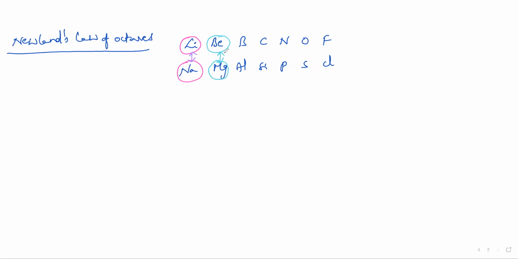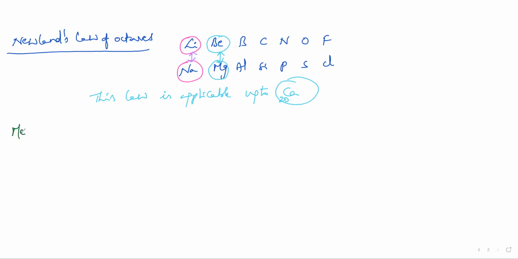This is what we call Newlands' law of octaves, right? But this law is applicable up to calcium. What is calcium's atomic number? 20. So after calcium, this law does not hold good for other elements. Understood? So this is Newlands' law of octaves.